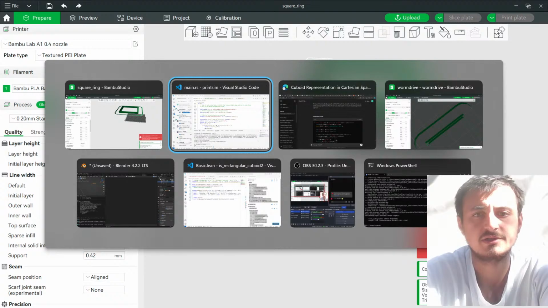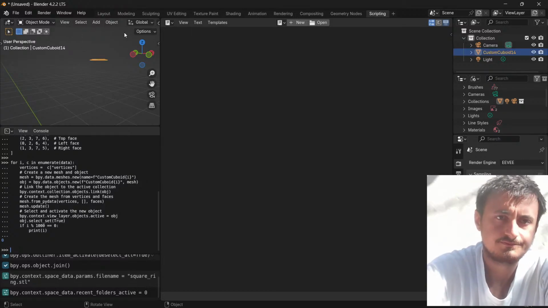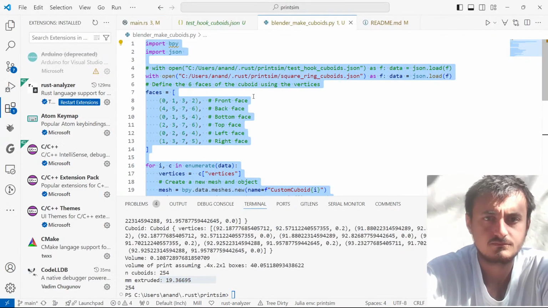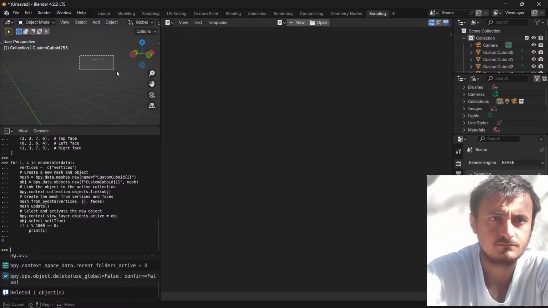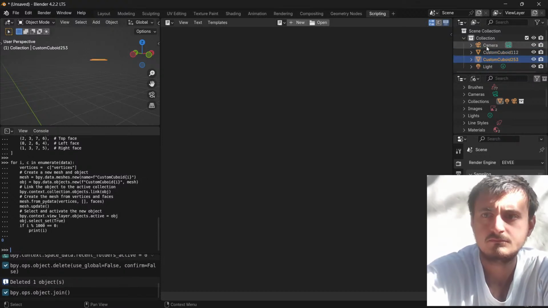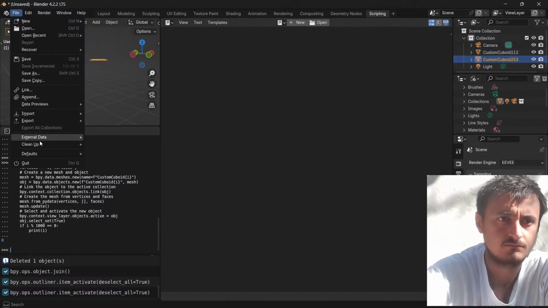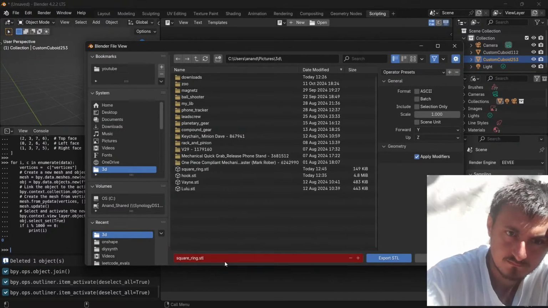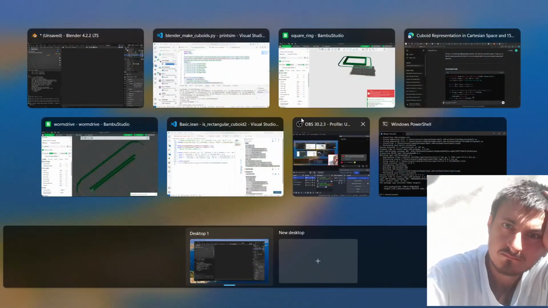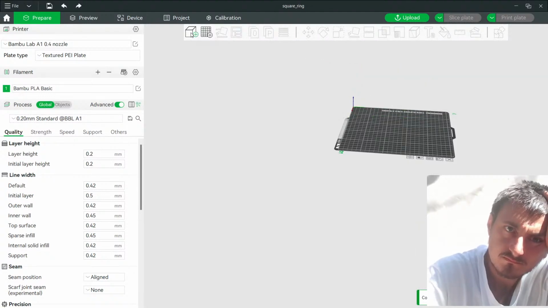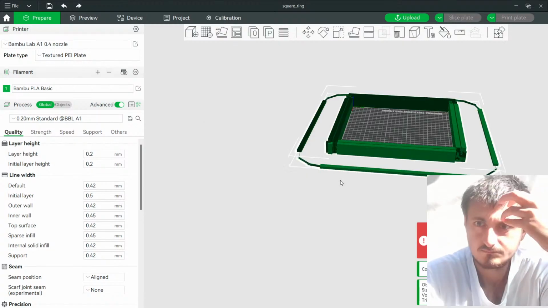Wait, no, this just made the coordinates. I'm dumb. I'm dumb. Nice.